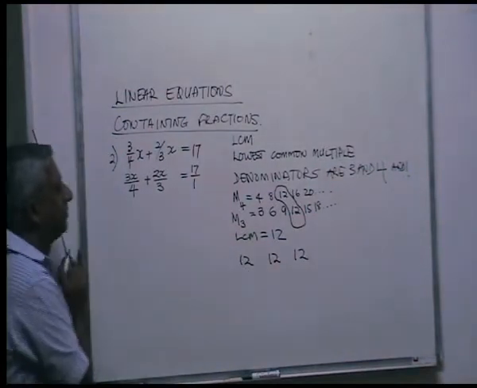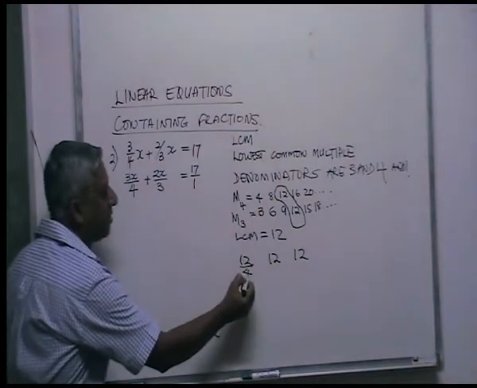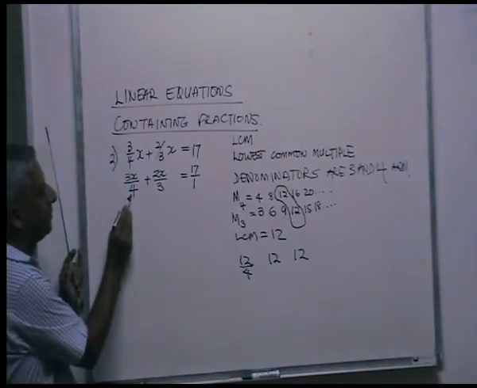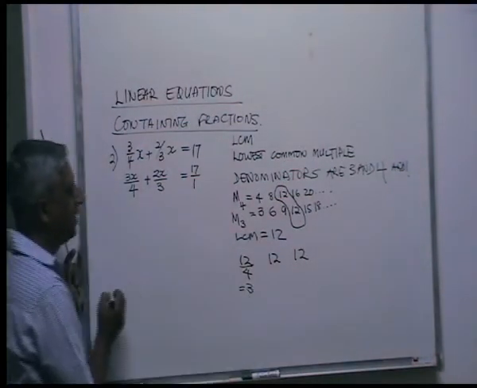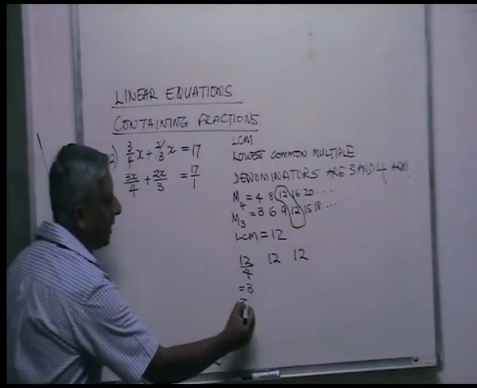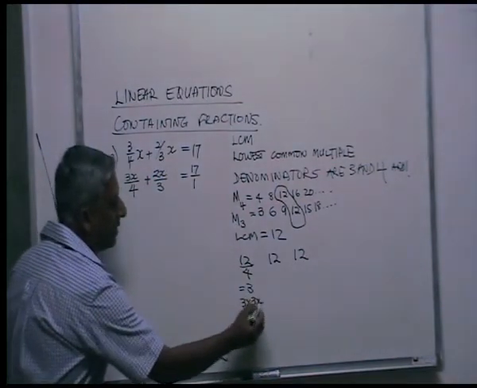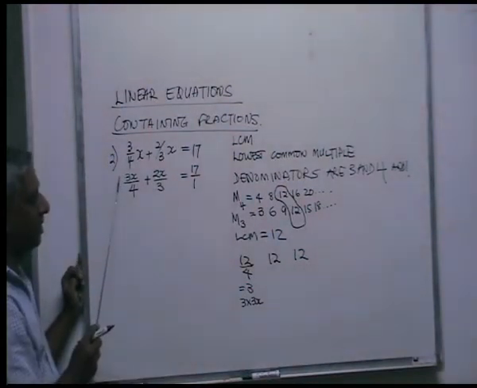Right. Now what you do? You take that 12 and you divide it by 4. So 12 divided by 4 gives you 3. Then you take that 3 and you multiply it by 3x. Where is that 3x coming from? It's coming from the top here.